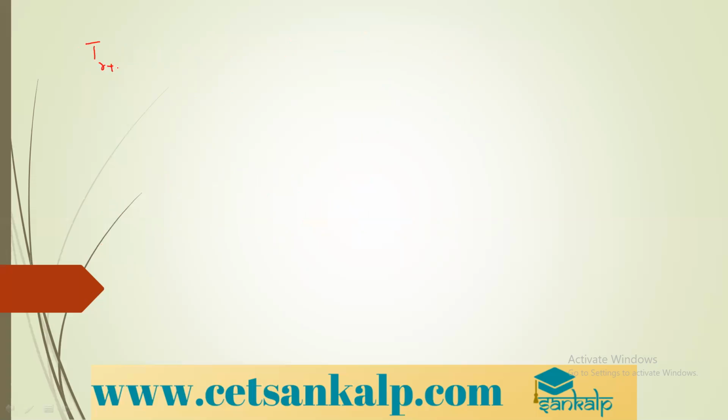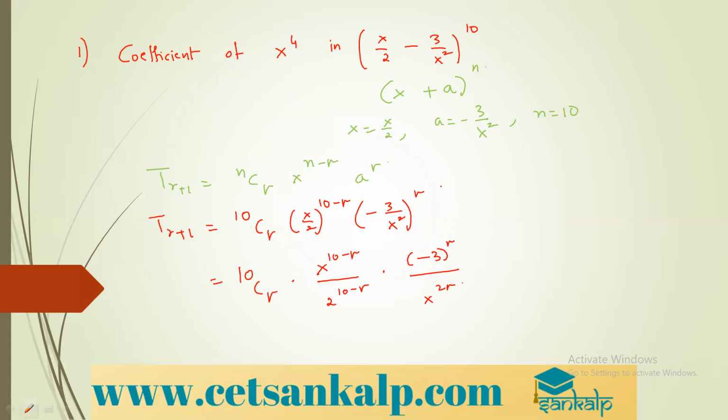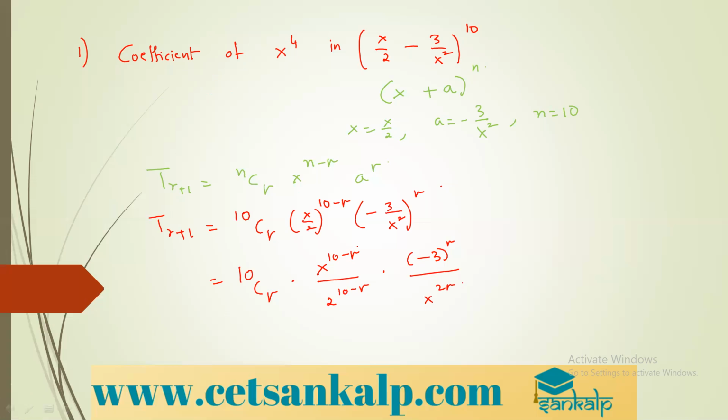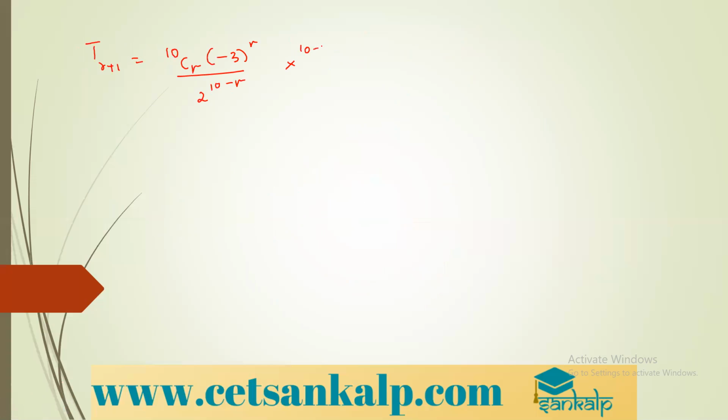So in T r plus 1, first I will write 10 Cr. Then I will write minus 3 power r by 2 power 10 minus r. And then I will collect all the x. The power of x will be 10 minus r minus 2r.